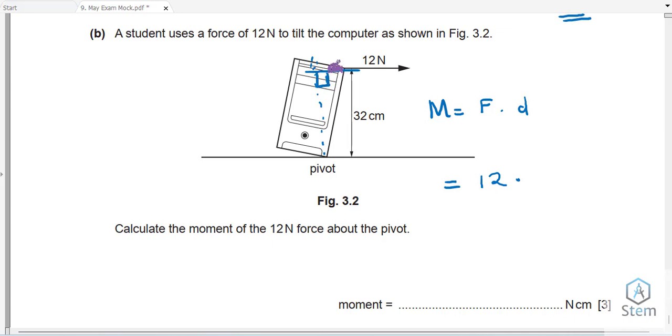So this is the distance which we are going to be interested in, and that's 32 centimeters. So 12 times 32. Our unit is in Newton centimeters, so we don't need to do any conversion. That's our answer.